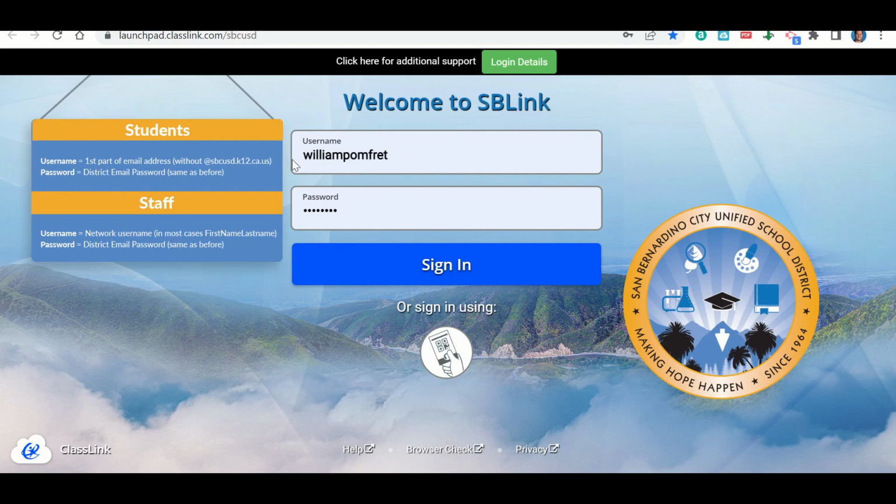So the first part for your username is going to be the first part of your email address without the at sbcusd.ca.us. So it should be your last name, first initial, middle initial, and then the last 4 of your student ID. Then for your password, it's the same password you use to log into your Chromebook. From there, you'll go ahead and click Sign In.